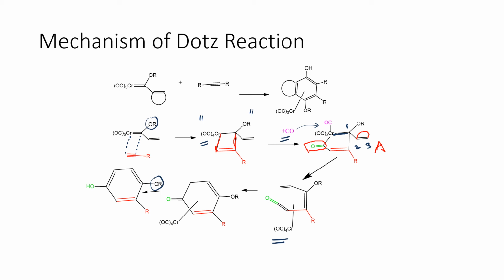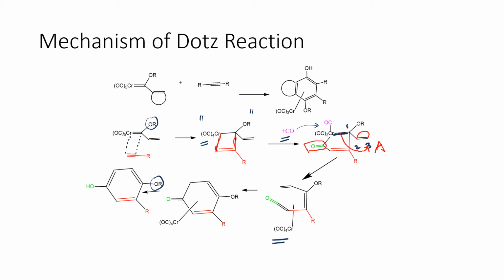It is kind of hidden. But if you were to migrate this chromium carbon C1 bond from this position to the third position right here, then I would end up with the product which is shown here.